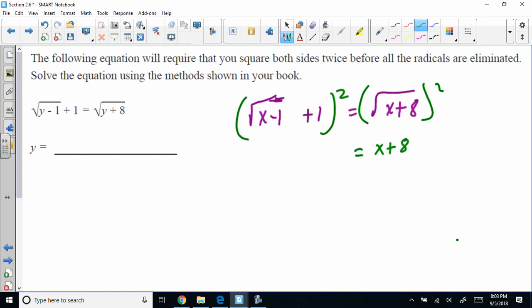It just gives me x minus 1, right? Let's square the last one. The b part is 1, so squaring 1 gives plus 1. Now, let's take the a and the b and multiply them together. That's the square root of x minus 1 times 1 times 2.